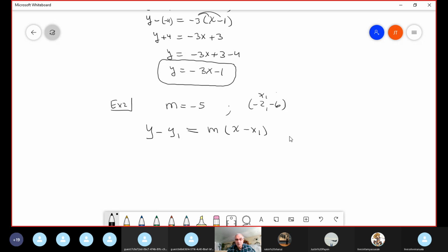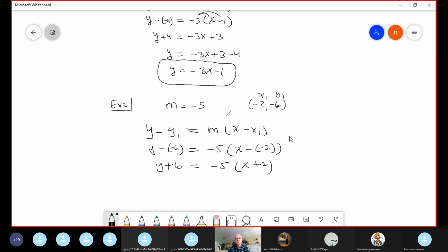This is x1, this is y1. In our specific example, y minus negative 6, double minus, is equal to minus 5, x minus x1, which is negative 2. So y plus 6 is minus 5, x plus 2, no?